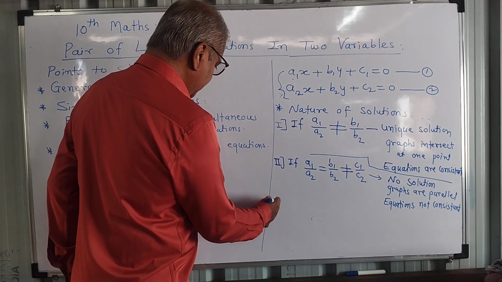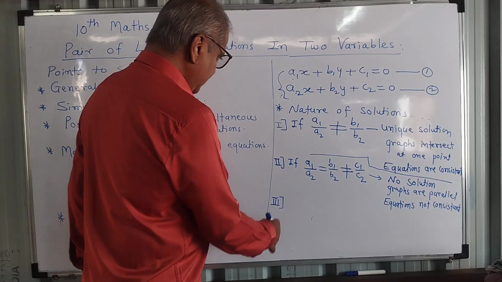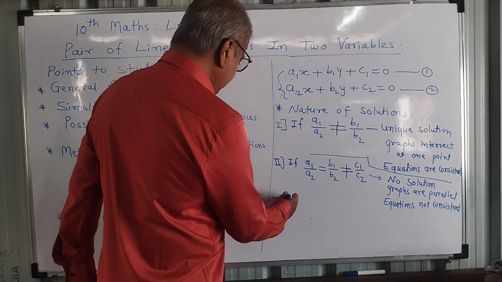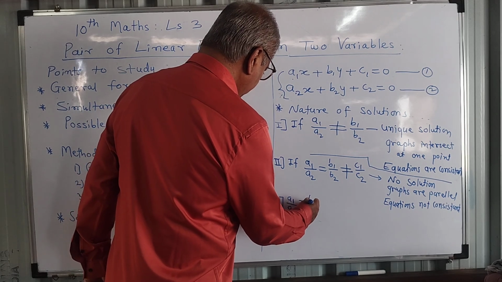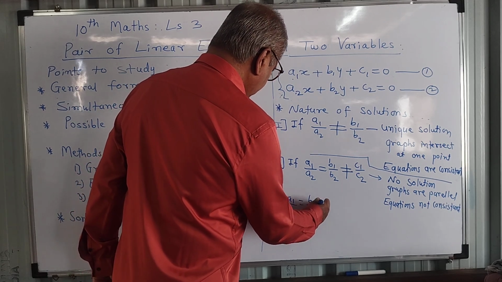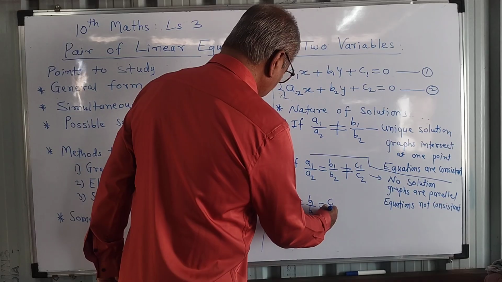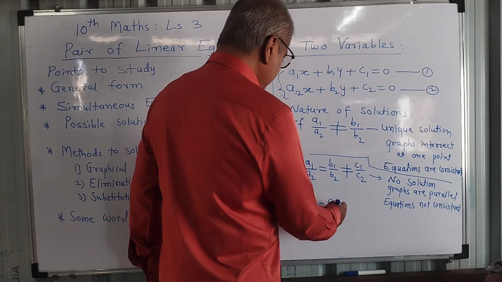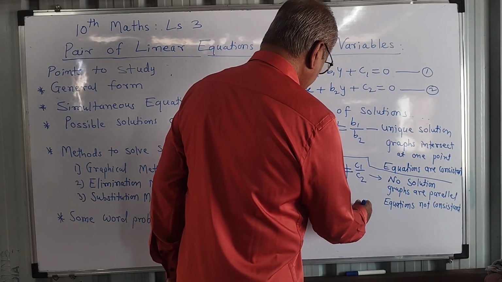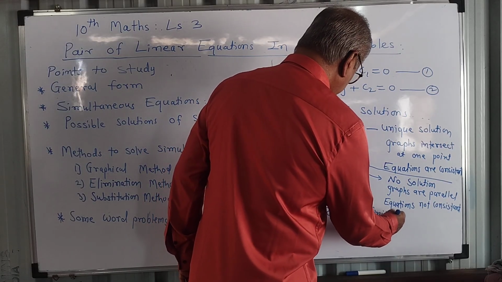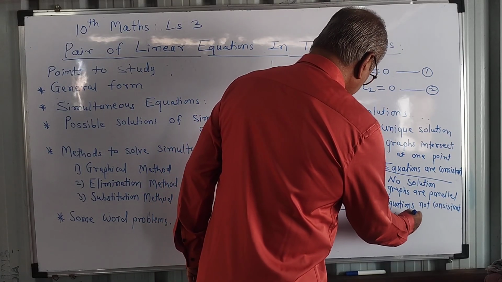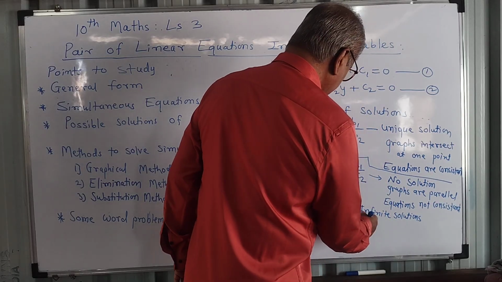And third possibility, third nature, if all ratios are equal, a1 upon a2 is equals to b1 upon b2 is equals to c1 upon c2, then equations have infinite solutions.